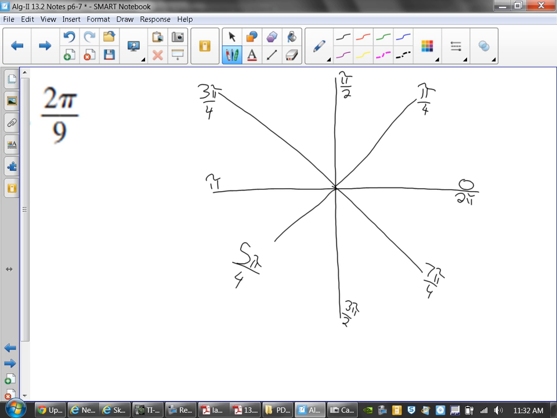What's happening here is every time you're going up by a quarter. 1/4, 1/2, 3/4, 1, 1 1/4, 1 1/2, 1 3/4, 2. It's just going up by 45 degrees each time, pi over 4. It's 1/4 the way around each tick.